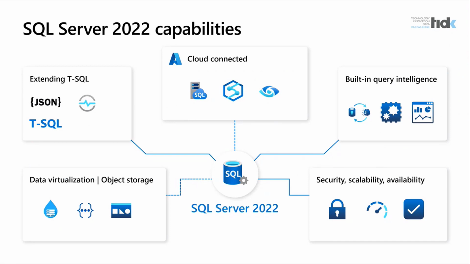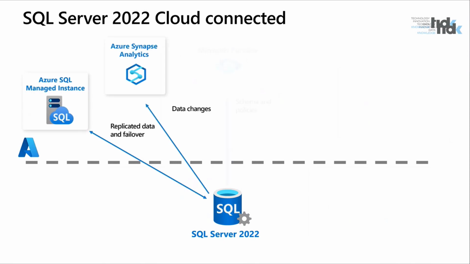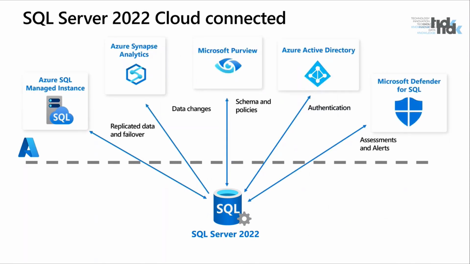The second option is that we can also link our SQL Server 2022 database with, for example, a managed instance. It's a bit different than the Synapse Link, but it also addresses some very important scenarios.